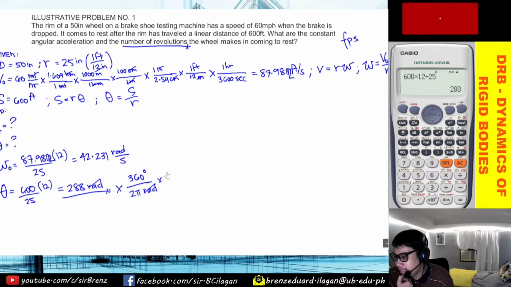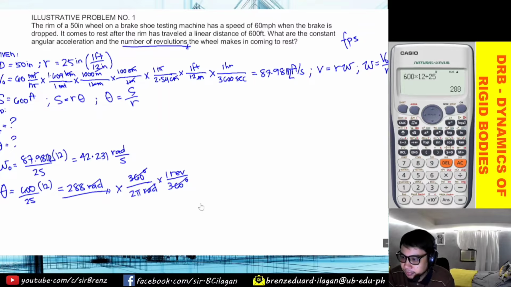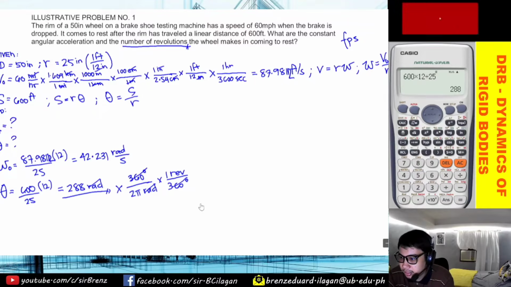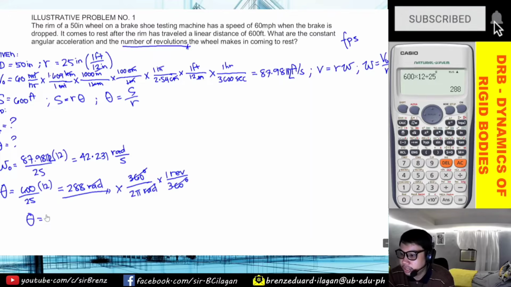Tapos, alam natin na in 1 revolution, there is 360 degrees. Okay? Tama ba? Tama. So, what is the equivalent value of theta in terms of revolution?